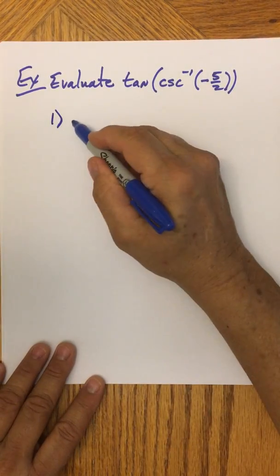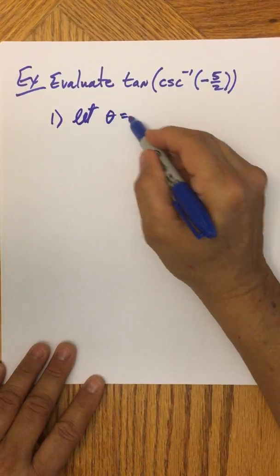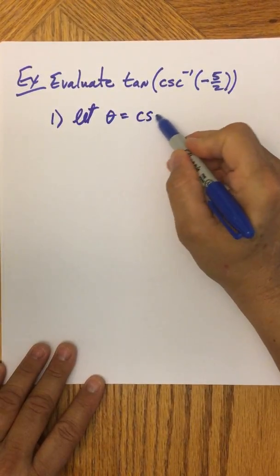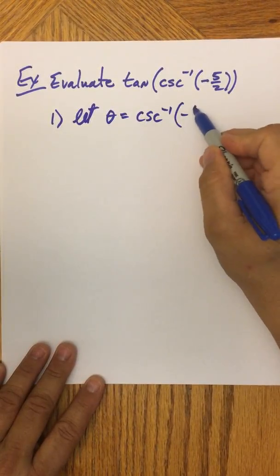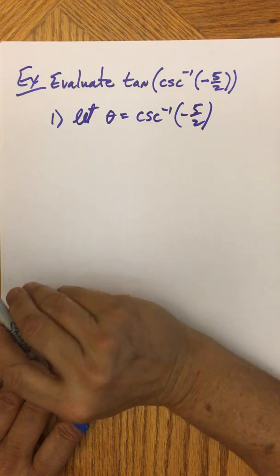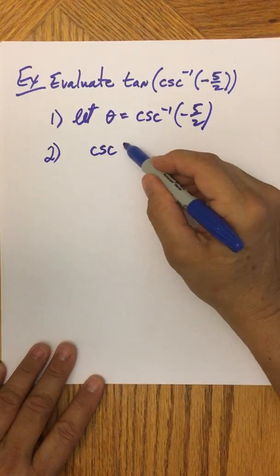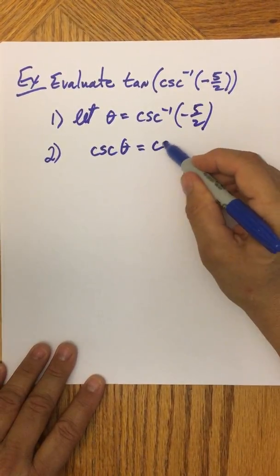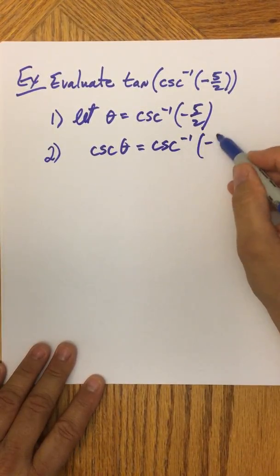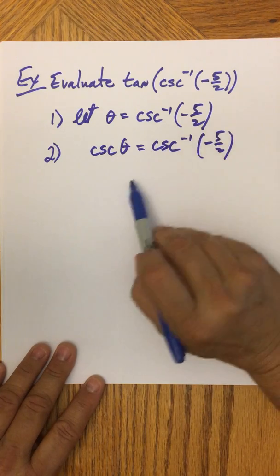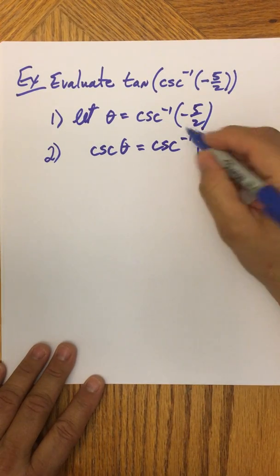Okay. So step 1, I'm going to let theta be inverse cosecant of -5/2. Okay. Step 2, I'm going to take the cosecant of both sides. Oops, I forgot to write the cosecant in here.